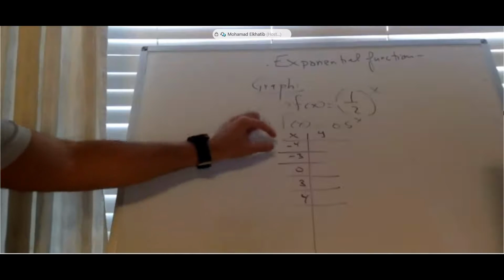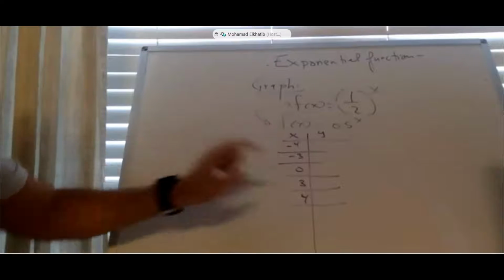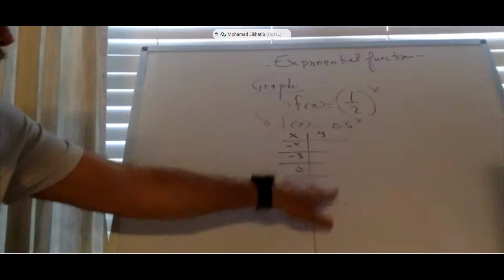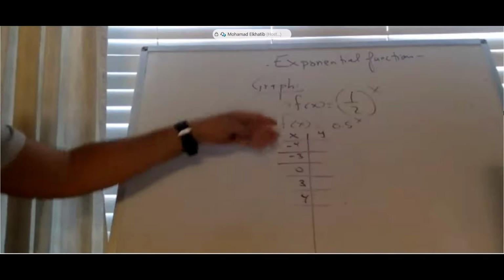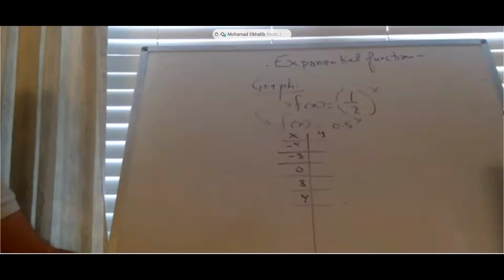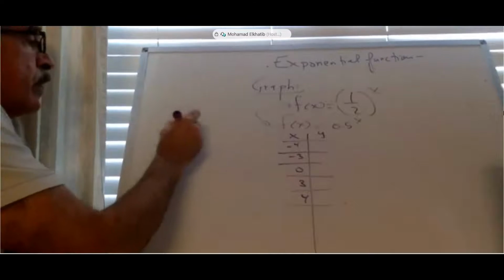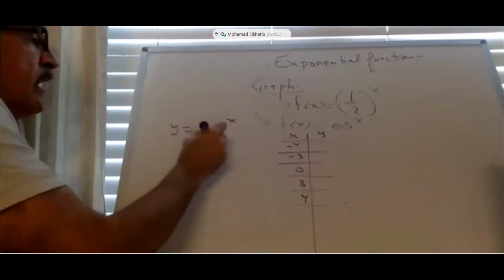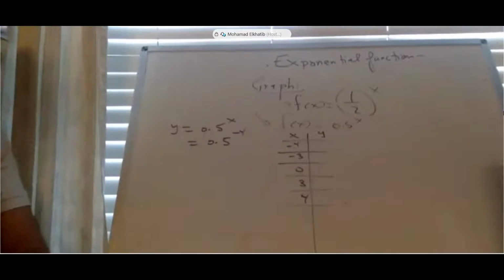As long as I pick some negative number, zero and positive numbers, I'm okay. You understand that, class? It's up to you as long as you make the points different. Now, I have a calculator, so that everywhere I see x, I need to replace it with -4. So this one, you cannot do it in your head. You have to go to the calculator.